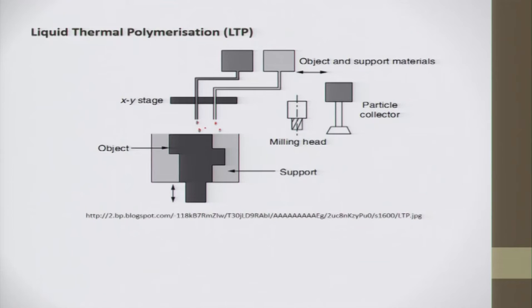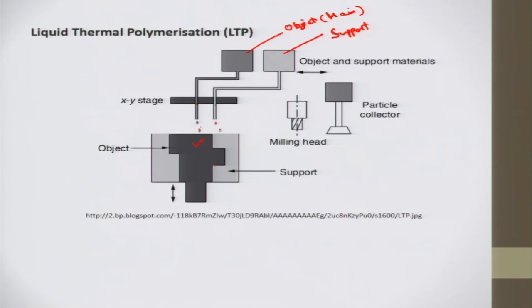In this, liquid droplets are coming in and there are two nozzles here. One is our object material, or main material, another is support material. So what happens once this object is produced using this object material, the support material is just to provide the support.